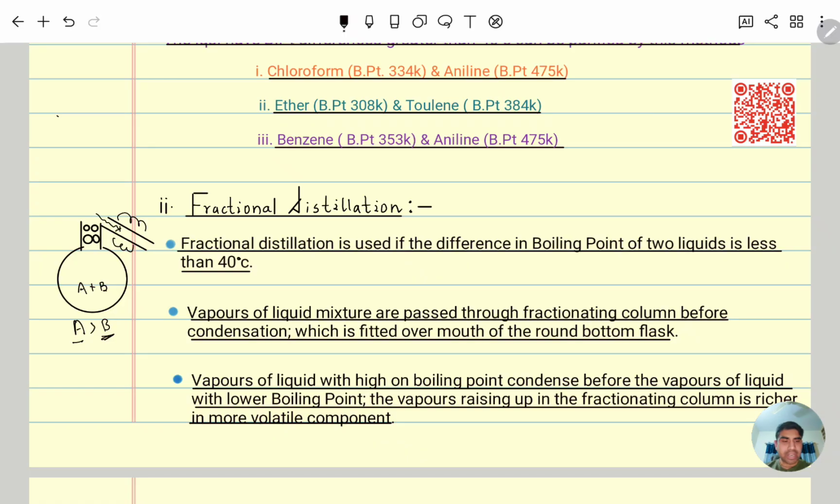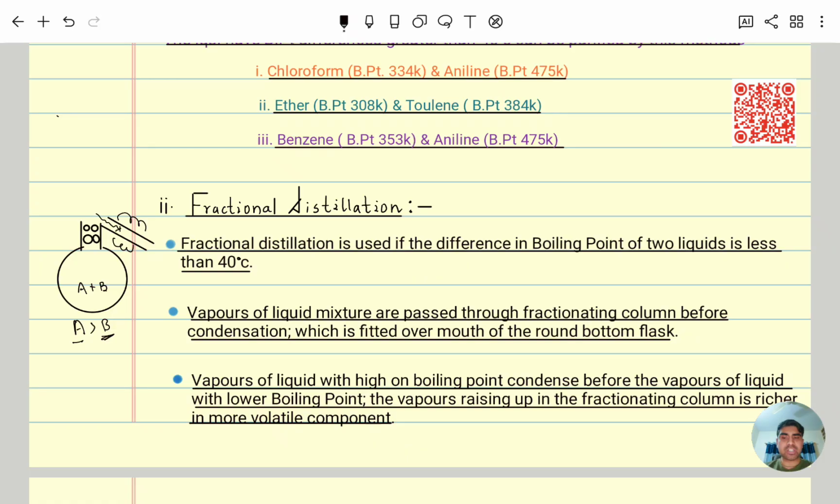If we are heating at the boiling point of A, the majority of vapors of A rise up, and at the same time some vapors of B also rise up, since their boiling point difference is less than 40 degrees Celsius. But when they come to the glass beads, or theoretical plates, they spread. Due to that their surface area increases, and their rate of cooling increases.